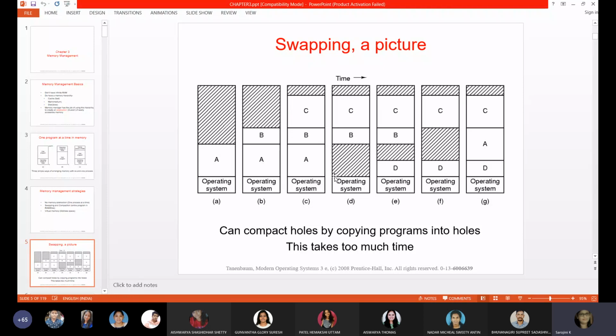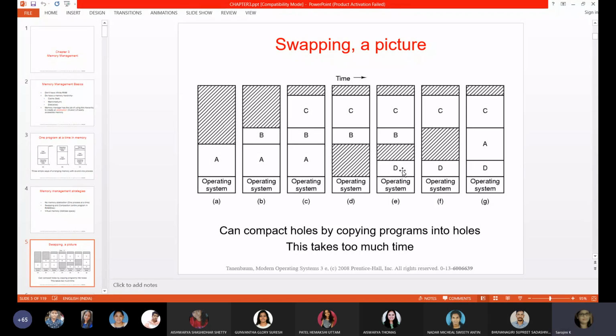So process A will go to disk. Then process D comes. Clearly this space is not sufficient, so process D takes this free space. Now process D also occupied the main memory.